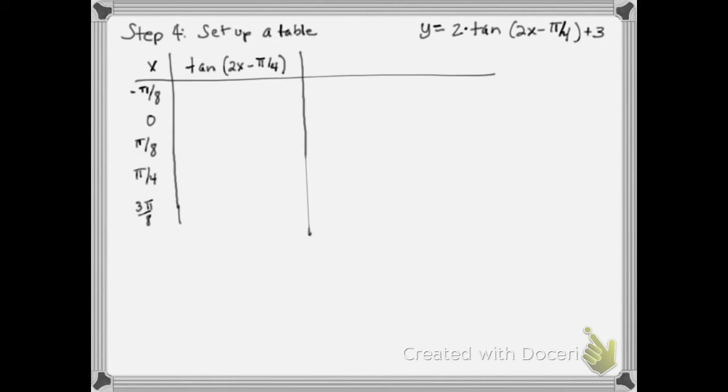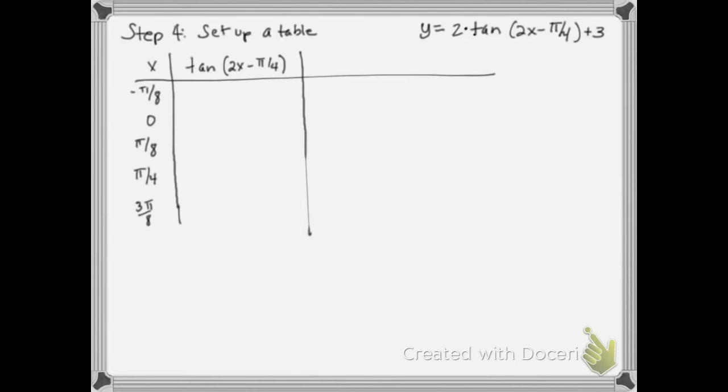Okay, step 4 is to set up a table. Remember, your function is y equals 2 tan(2x minus pi over 4) plus 3. And your x values are negative pi over 8, 0, pi over 8, pi over 4, and 3 pi over 8. Let me look at this function for a second.